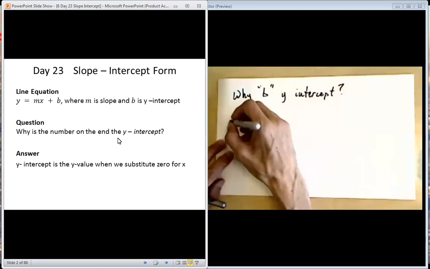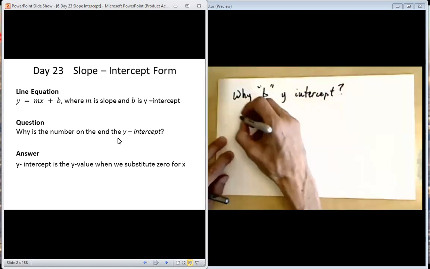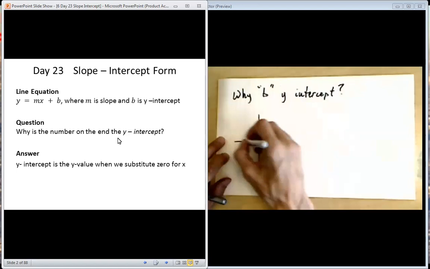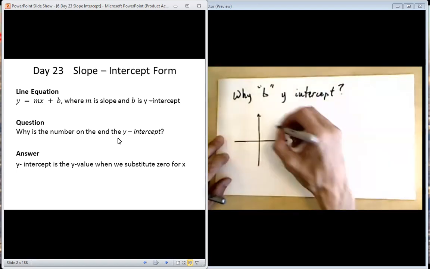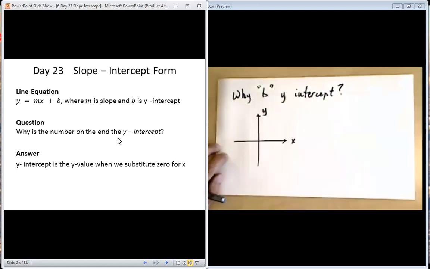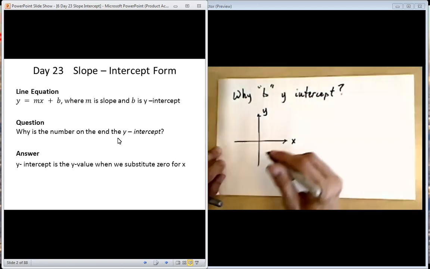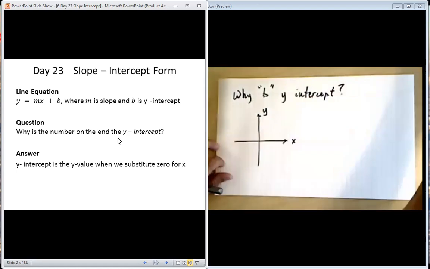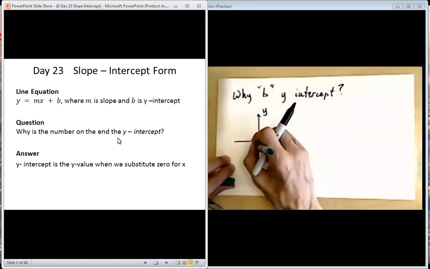Okay, so check this out. This is our x and y axis that we had from before as usual. There's going to be a line going across in some way. So a line goes like that, let's say.